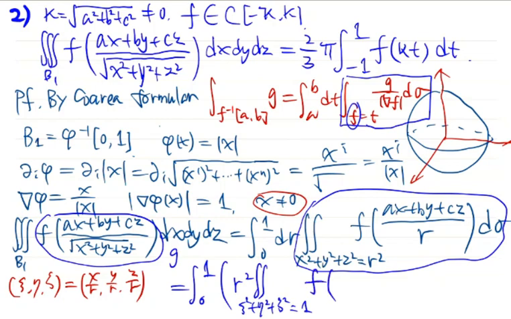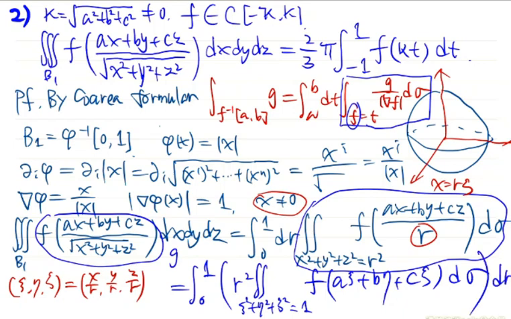Then the integrand becomes f of (a xi plus b eta ...). x is r xi, and the r cancels with the r in the denominator. Similarly for by and cz, the result is a xi plus b eta plus c zeta, then d sigma.